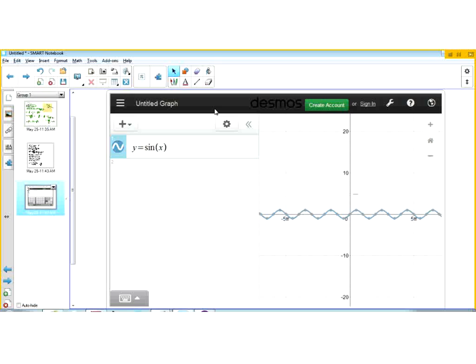So the question I pose to you is, sine x is not 1-to-1. And you can tell by the graph. Many inputs map to a single output. That's not 1-to-1.